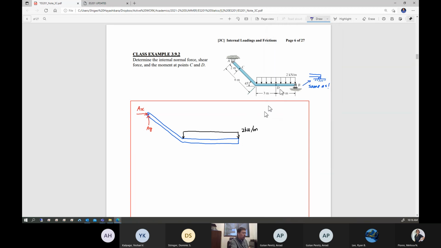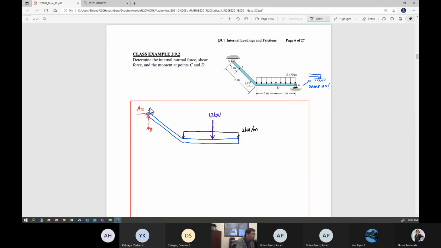If you take a resultant of this distributed loading, obviously you can determine the resultant force, which is 2 kilonewton times 3 plus 3, 6 meter, 2 times 6. This is 12 kilonewton. Resultant force acting right here, 3 meter, which is location D.